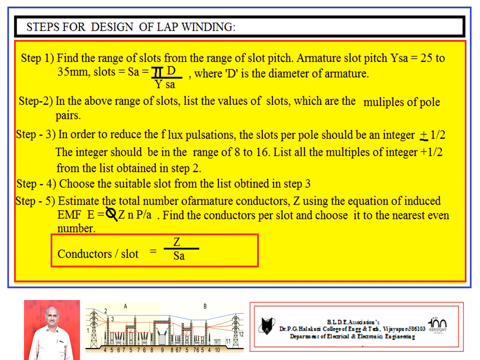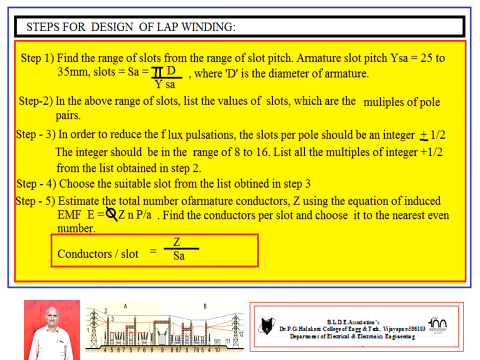The number of armature slots should lie in the range of minimum value to maximum value by using these two slot pitch conditions. Step number 2, in the above range of slots, list the values of slots which are multiples of pole pairs. Assume P is the number of poles, then pole pairs equal P by 2. For example, if it is a 4-pole machine, it has pole pairs 4 by 2, that is 2 pole pairs.